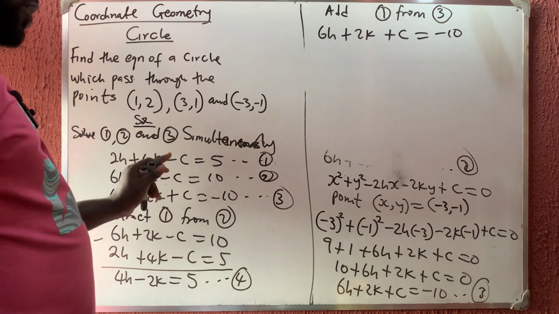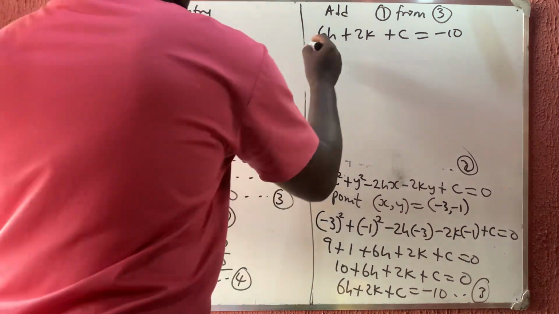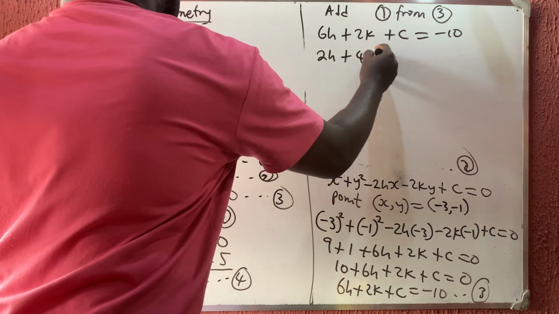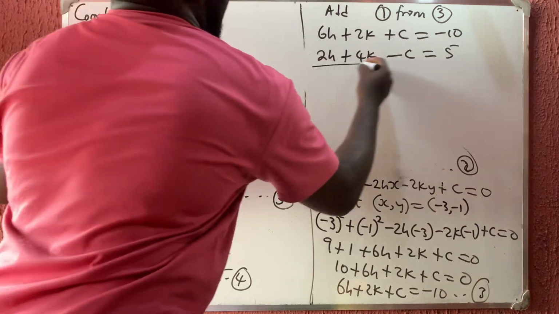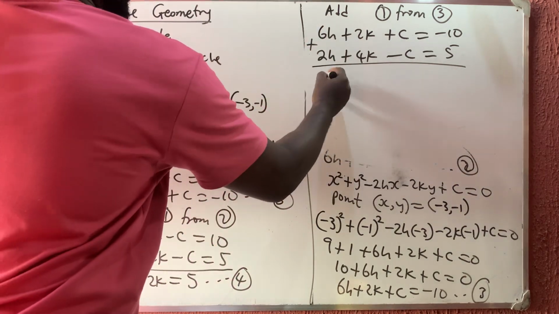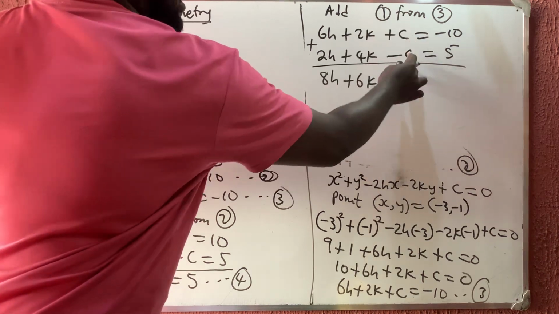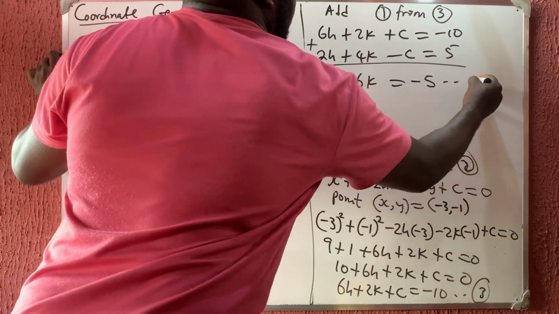If I subtract, they will not eliminate, but if I add, they will. So I'm adding it to equation 1, which is 2h plus 4k minus c is equal to 5. This plus this gives me 8h, this plus this gives me 6k, and c is gone, is equal to this plus this, which gives me minus 5. Equation 4.